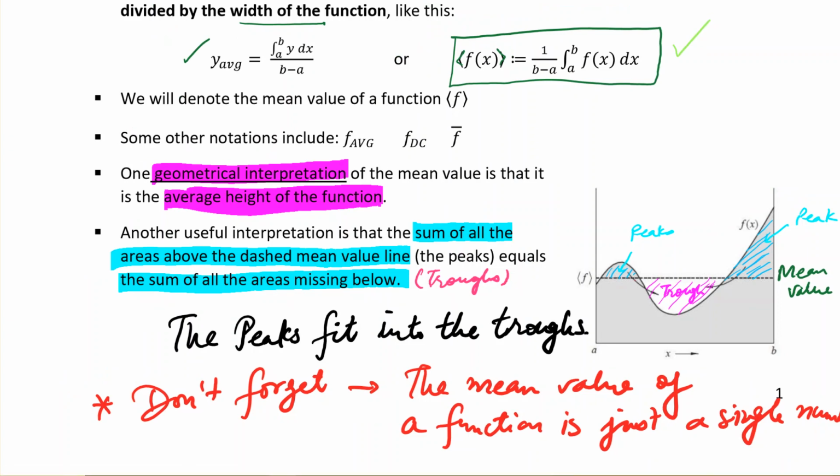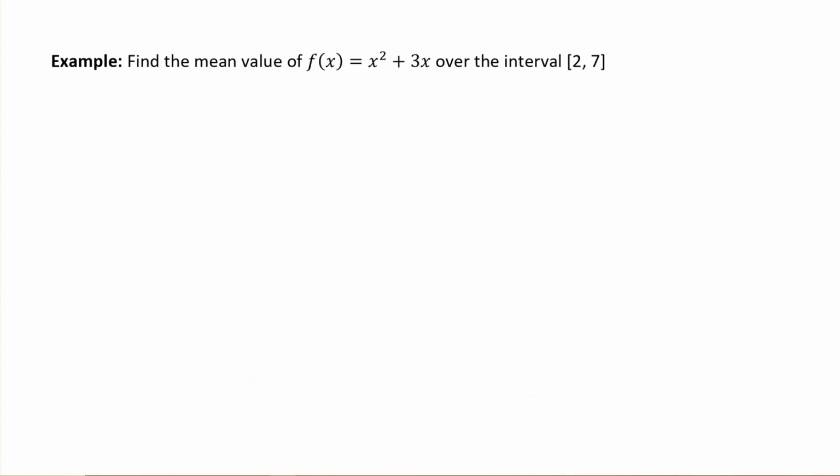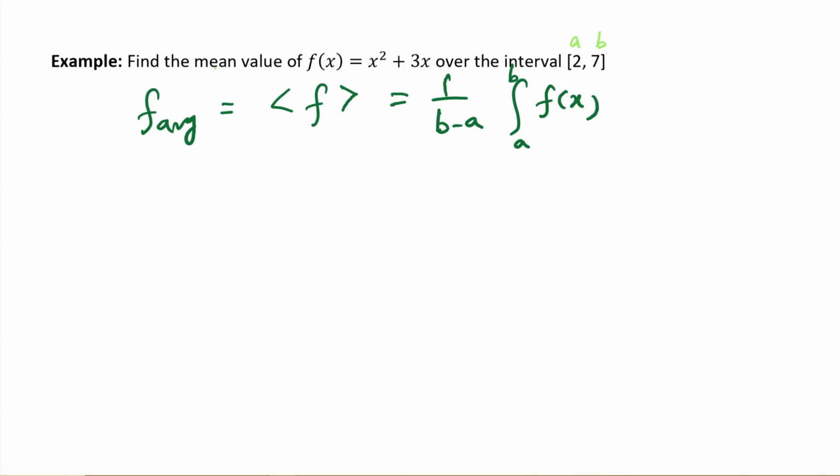Now we're going to do an example to find the mean value of a function. Find the mean value of the function x squared plus 3x over the interval 2 to 7. First thing we notice is that the limits are from a to b and the function is given, and we know that the mean value of a function is given by this formula.